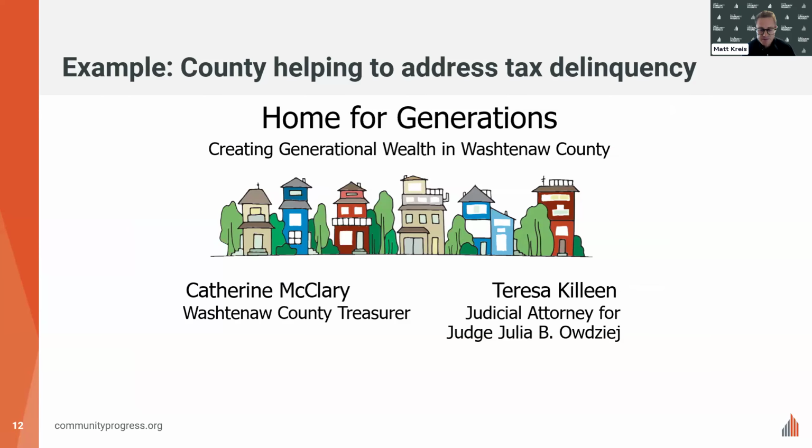Here's an example of counties helping to address tax delinquency. One of the things about owning property with this uncertain heir property status is that it makes it vulnerable to a lot of things. It makes it vulnerable to an heir selling their interest to a developer, who then forces a sale or a partition of the property.